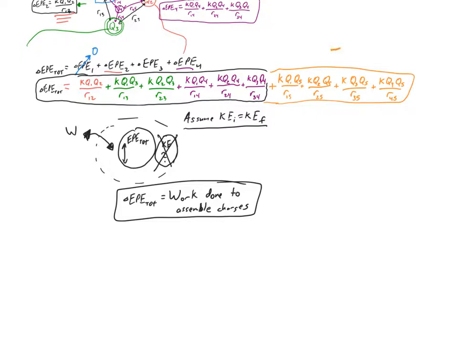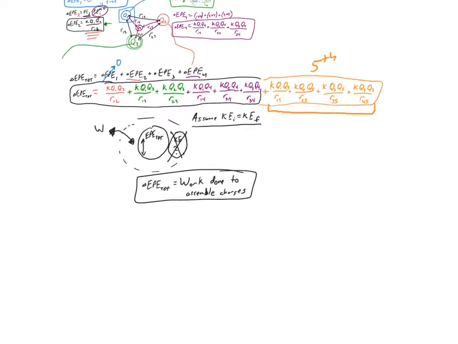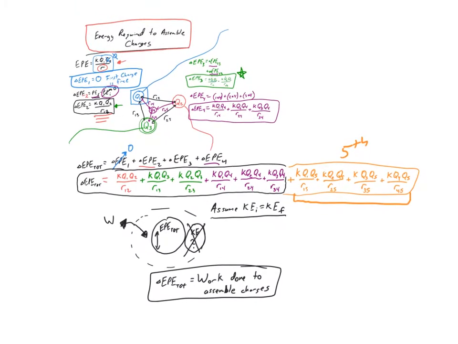So this is the fifth charge. It adds on 4 more terms. A sixth charge would add on 5 more terms. A seventh charge would add on 6 more terms, etc. And there's a table showing how these numbers get pretty big pretty fast in the book. All right. Hope this helps you.